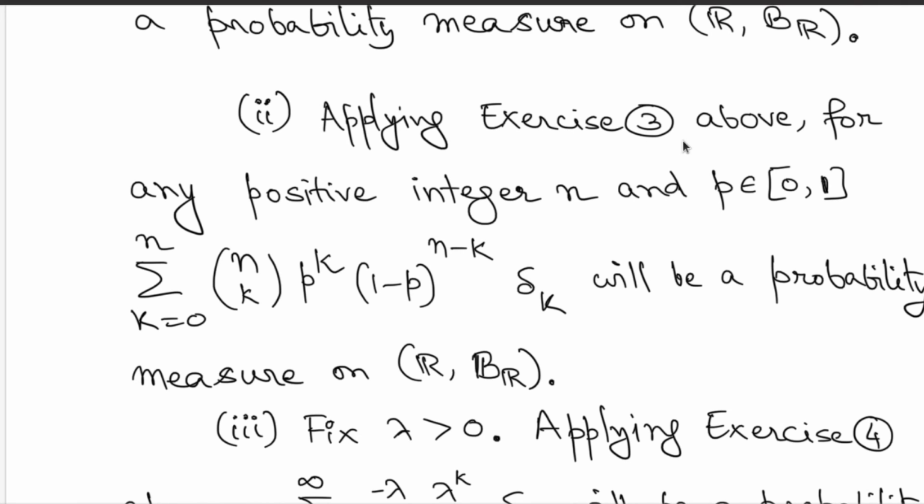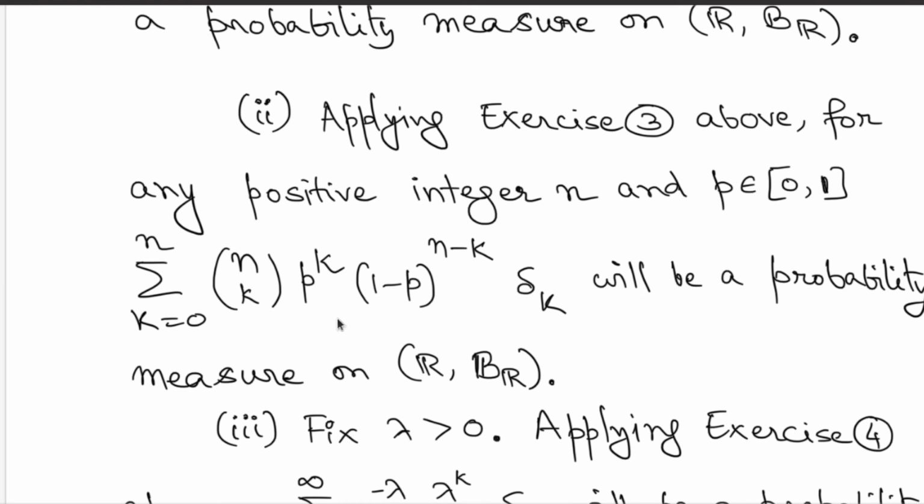Now you apply exercise 3, which was for combinations of more than 2 measures. So again look at Dirac measures but supported at integers from 0 to n, and look at these combinations given by the binomial coefficients. So choose some p between 0 and 1, fix a positive integer n, look at these coefficients.